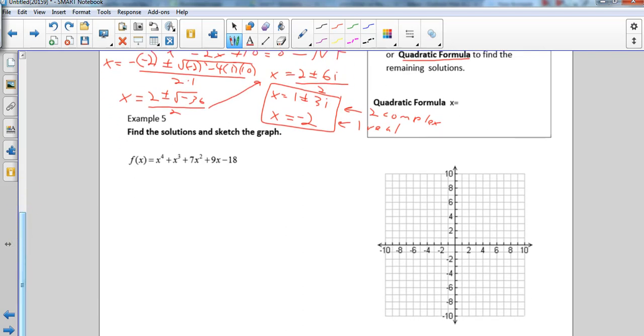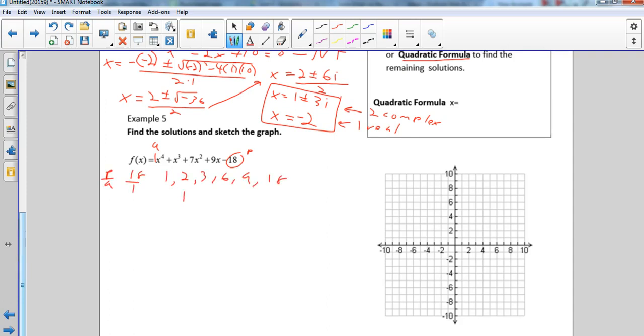x to the fourth, x cubed, 7x squared, 9x, negative 18. The factors of 18: 1, 2, 3, 6, 9, 18.